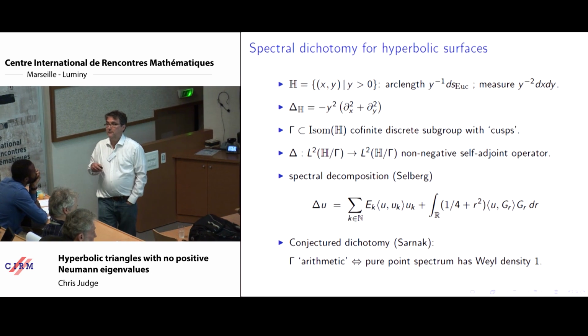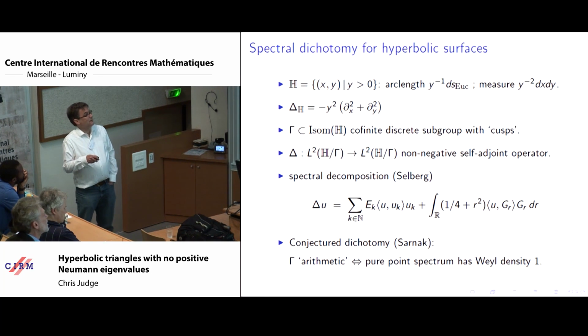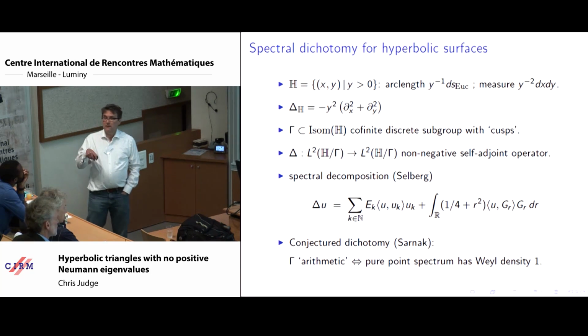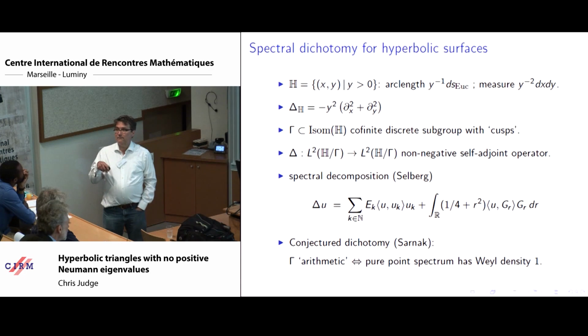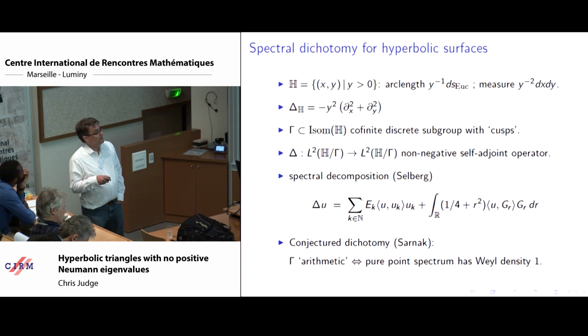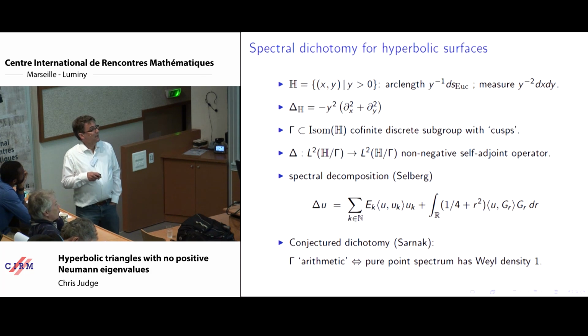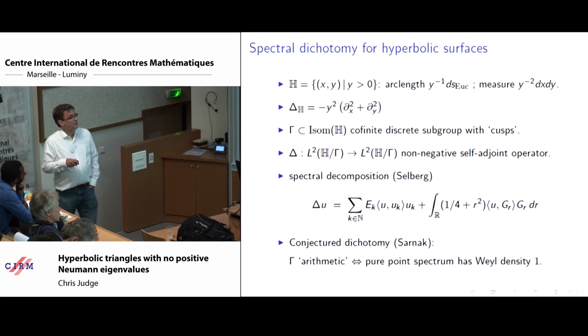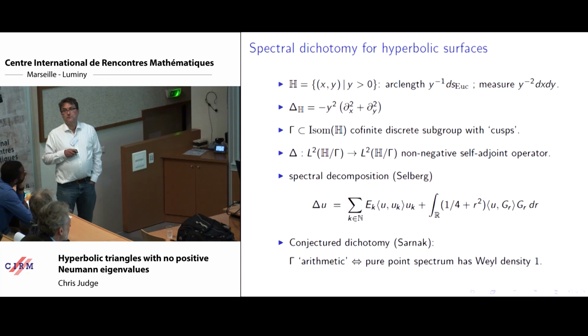You can take the resolvent, analytically continue it, and count the number of poles of the resolvent in a certain ball, and you get a Weyl's law, but there are going to be some scattering poles coming from this part, and then some L2 eigenvalues part. And when I say density 1, I mean who dominates in that Weyl count.